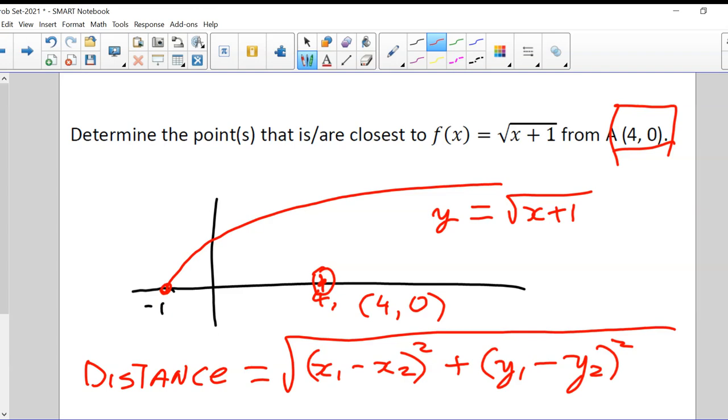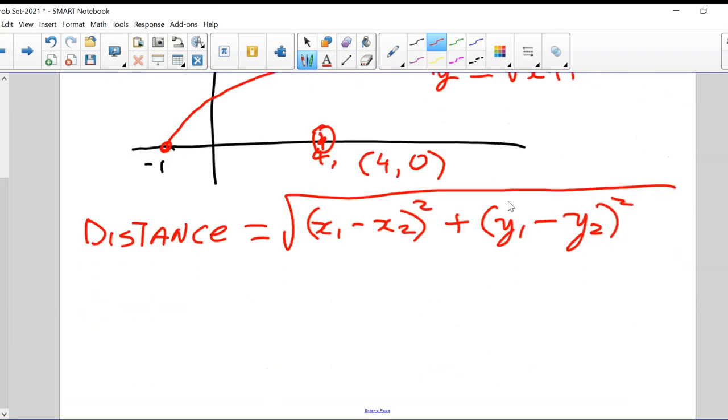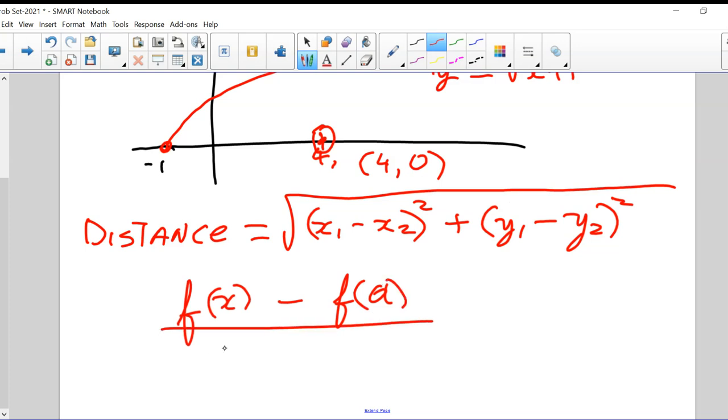One of the first principles approaches that we took was f of x minus f of a, over x minus a. Remember that? Look familiar? Maybe that might be a clue.